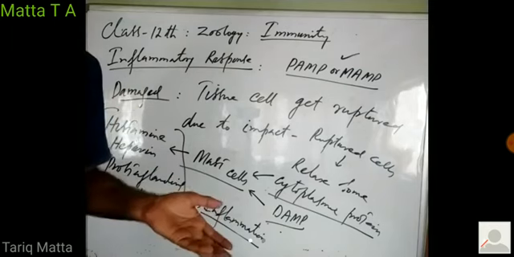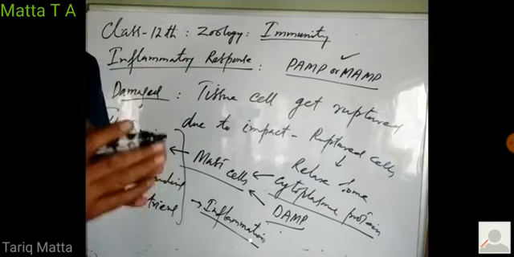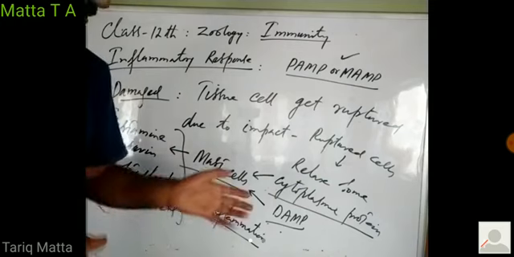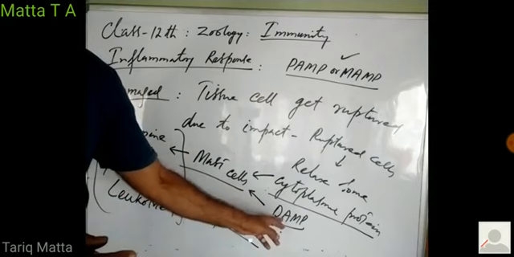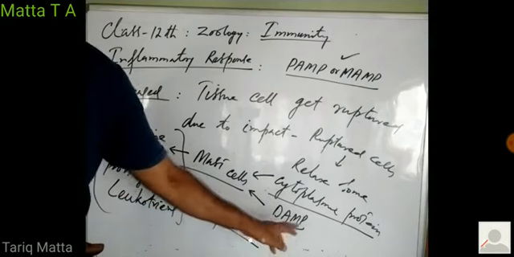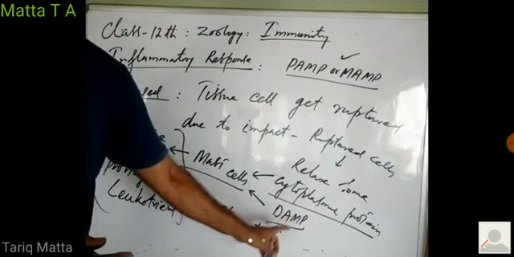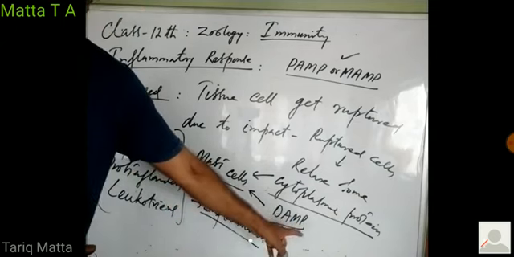So how does that inflammation develop? Due to impact, some of the tissue cells get ruptured. Those ruptured cells release some proteins into the blood. Those proteins, released by damaged cells, are known as damage-associated molecular patterns.